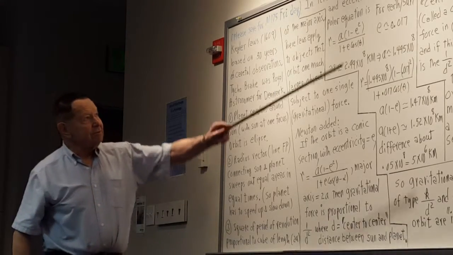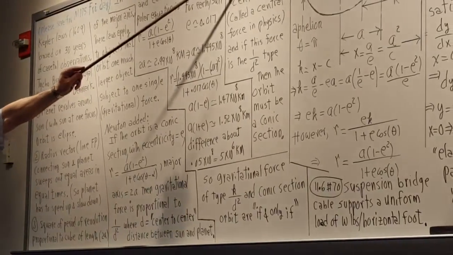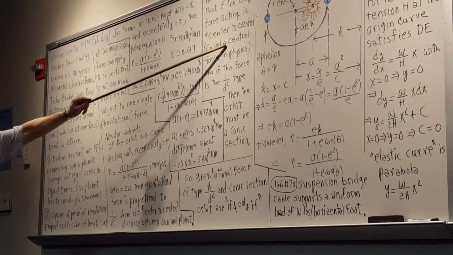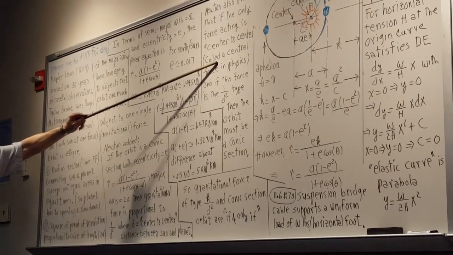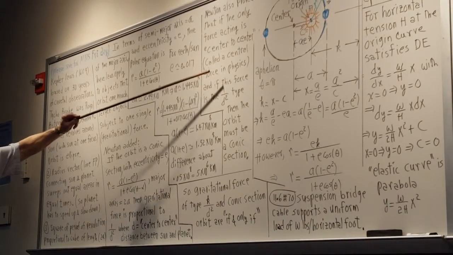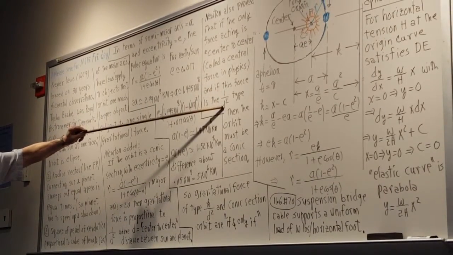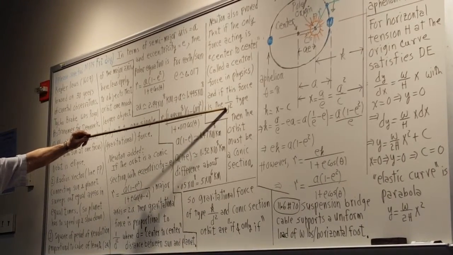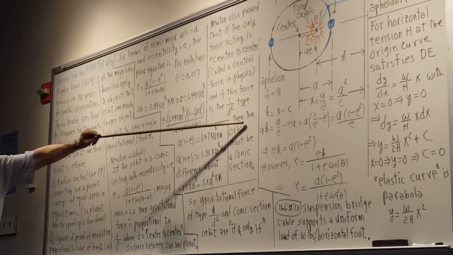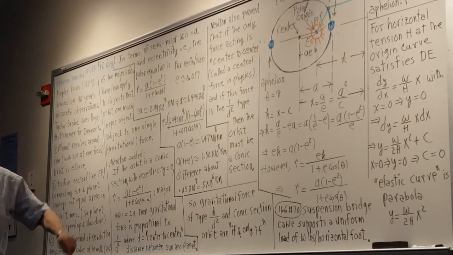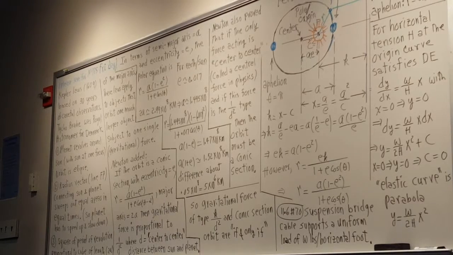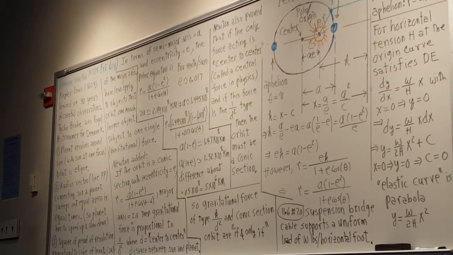And you can also prove, as Newton did, that if the only force acting is center-to-center, which you call a central force in physics, and if it's 1 over the r squared type, where r is the distance, then you can prove the orbit has to be a conic section. So it's if and only if, conic section orbit and 1 over the squared distance.